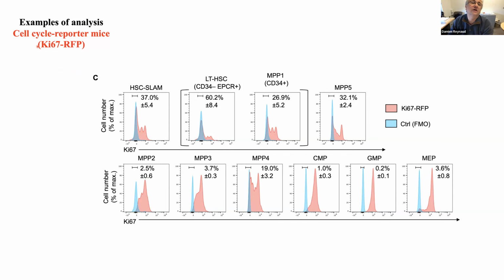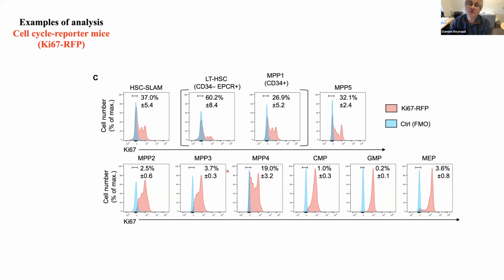When you look at this reporter during hematopoiesis, you find what could be expected: the long-term or short-term stem cells are relatively Ki67 negative, but the committed progenitors, CMP and GMP, which are highly cycling, are all Ki67 positive.